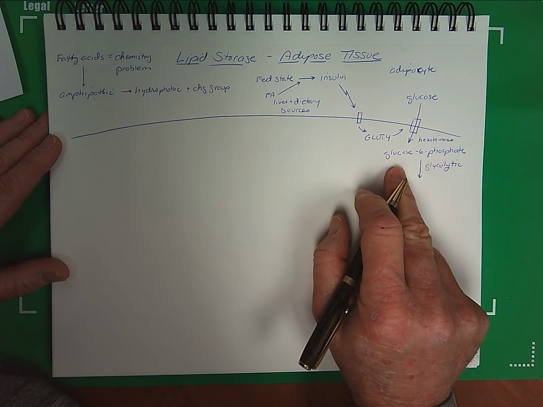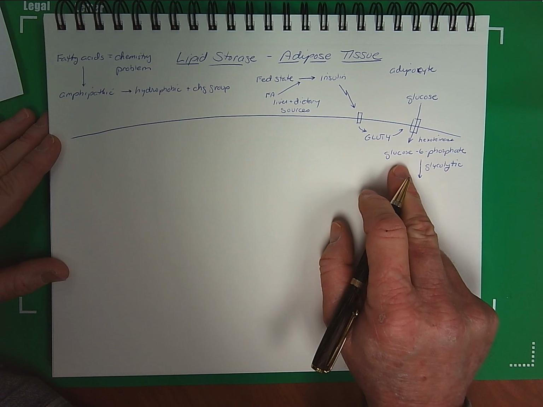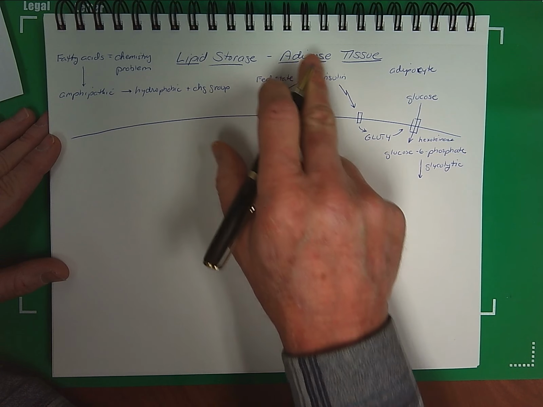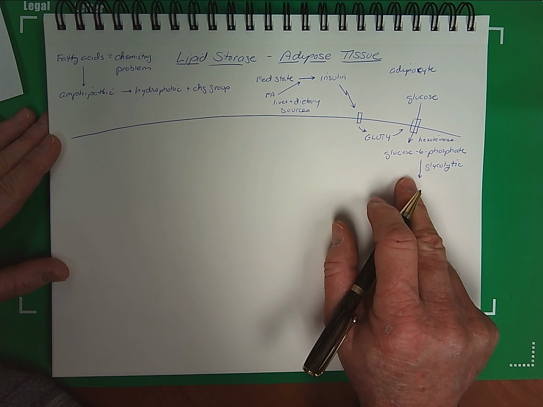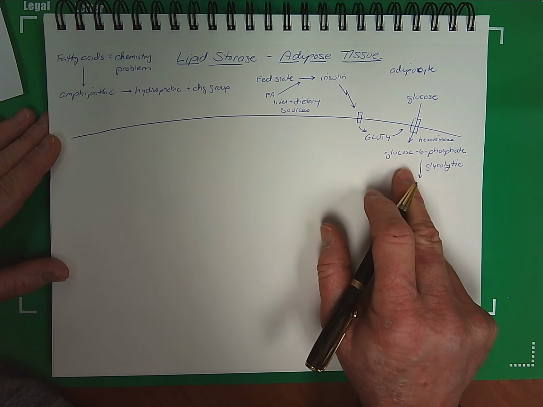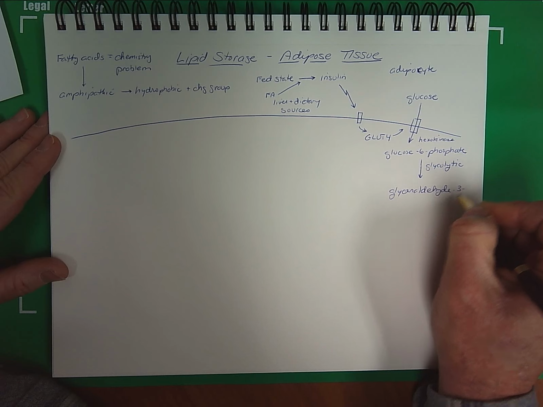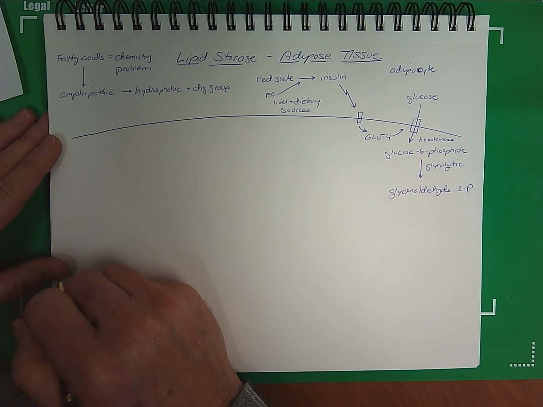However, although glycolysis will generate ATP and energy for the adipose for its normal cellular functions, the primary function of this uptake of glucose is to generate glyceraldehyde 3-phosphate.